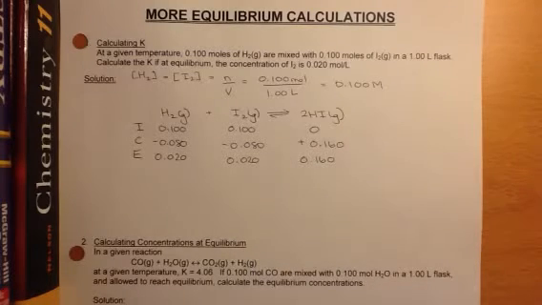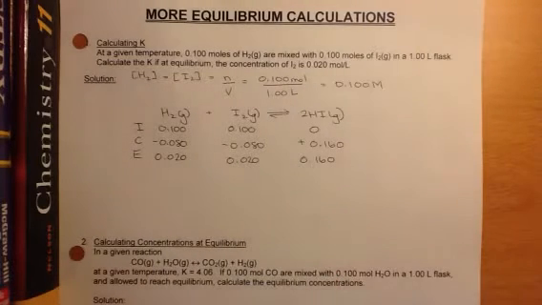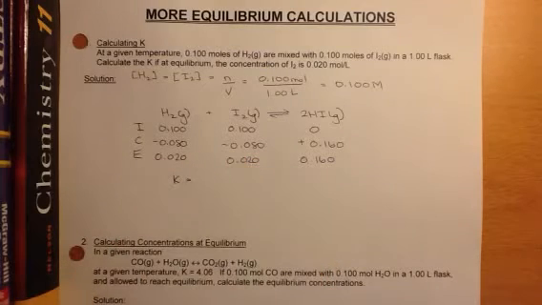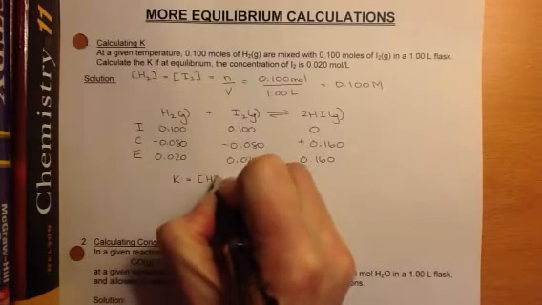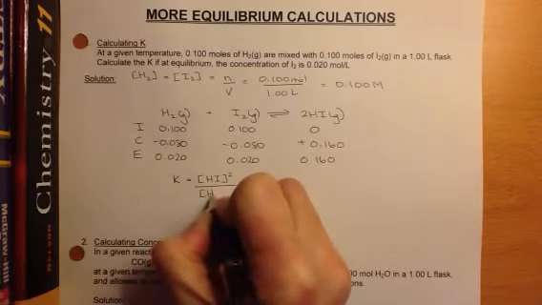Now we can calculate the K value because we have got the amounts of each one of the substances at equilibrium. We've learned already that the equilibrium constant is the concentration of the products over the concentration of reactants.